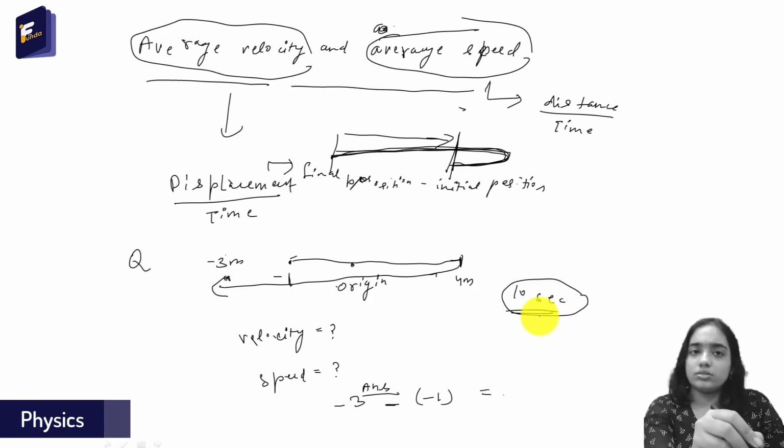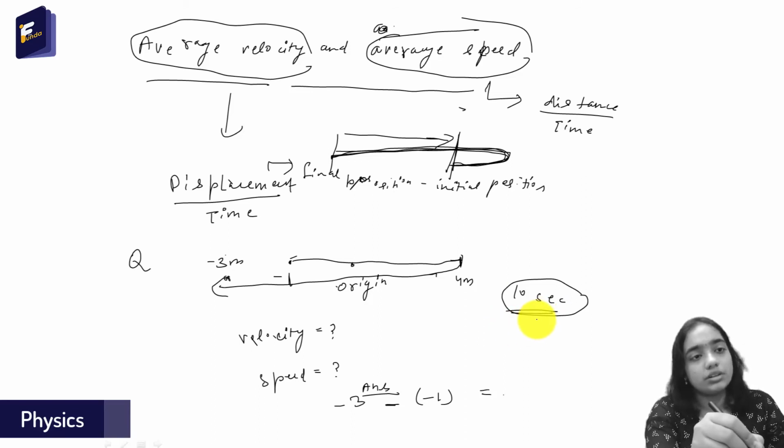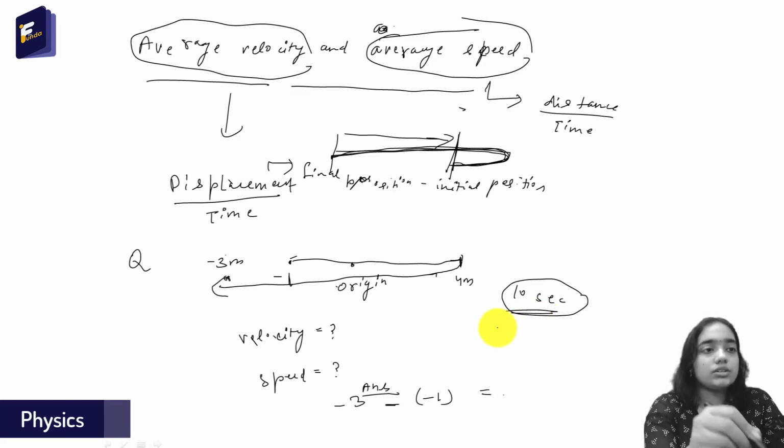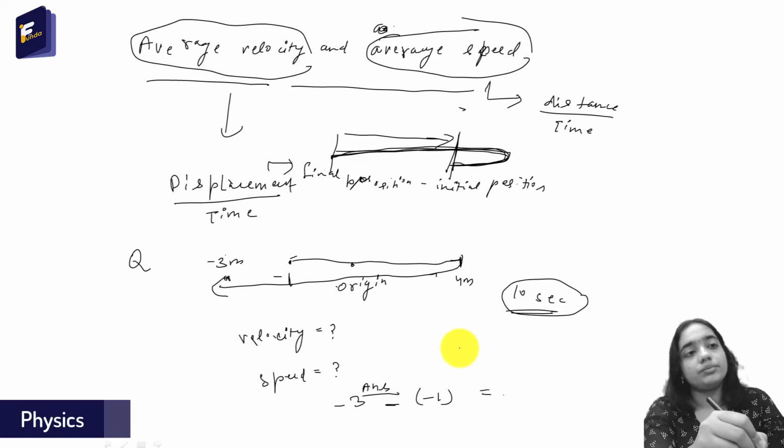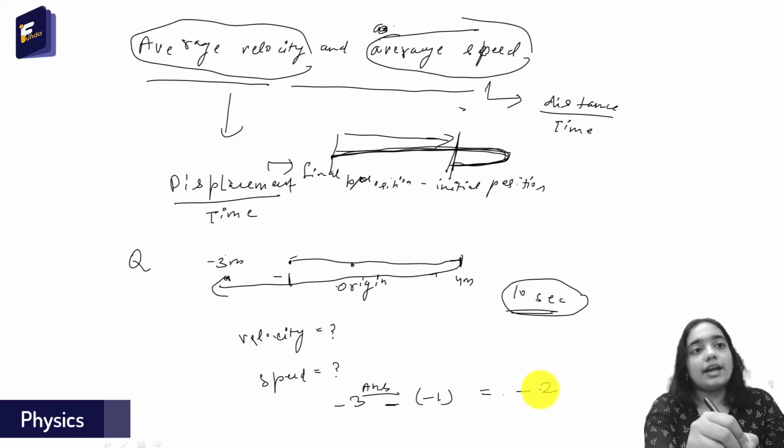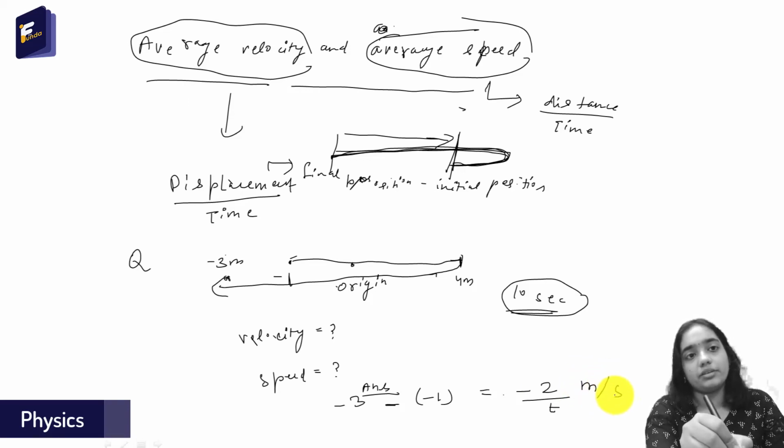If you take t as time or any other time, it's okay. What is important is the concept. So the final position minus initial position is equal to -2, and the time interval is t or 10, whatever it is, so it is -2 by t meter per second. This is the total displacement per time.